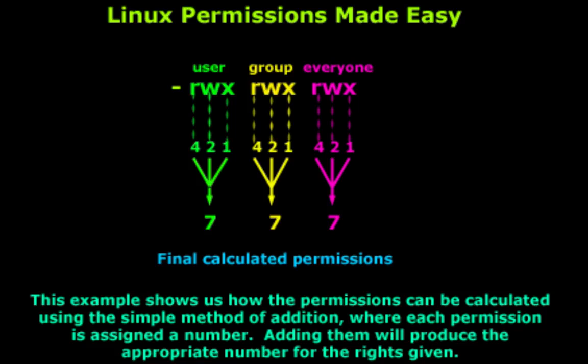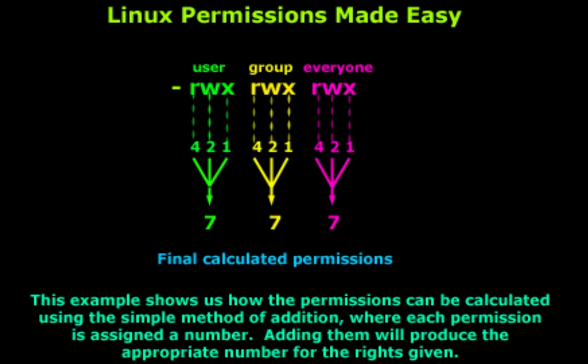Or you can make it restricted where people can only read the file, and in that case it would be 644. 6 would mean that you could read and write as the user, and then 4 and 4 would mean that the world and people within the group would be able to read the file. That's how it works with files.